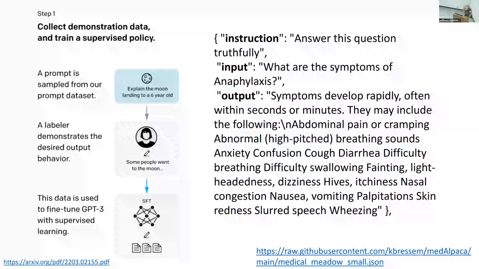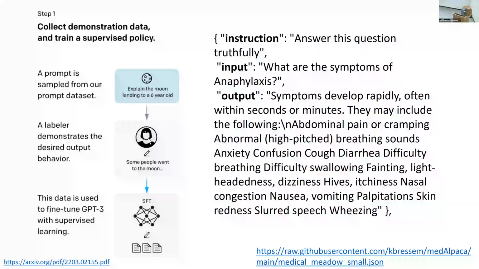There's a whole thing going on with animals from the camelid family, but I'll show you the picture of that next. But this is just some prompt data from a bunch of different sources that MedAlpaca has used, which I'll show on the next page. And once you have these prompts, you can train a nice supervised policy.